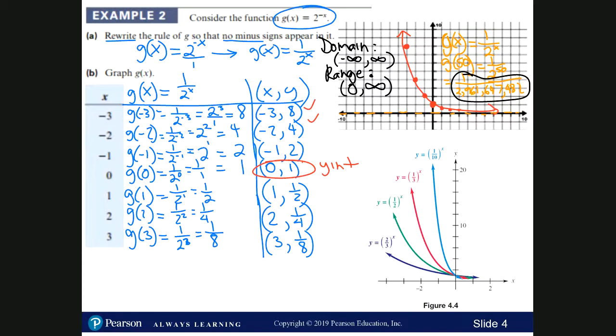This function, if we read it left to right, we will say that it is exponential decay. We could also say that it is decreasing. And in fact, remember that problem that we did with the value of a car?